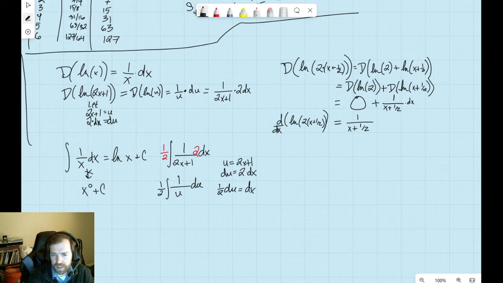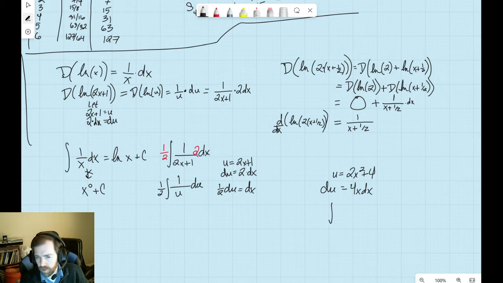So I have seen some cases where somebody said, okay, u is equal to 2x squared plus 4x, and therefore du is equal to 4x dx plus 4.